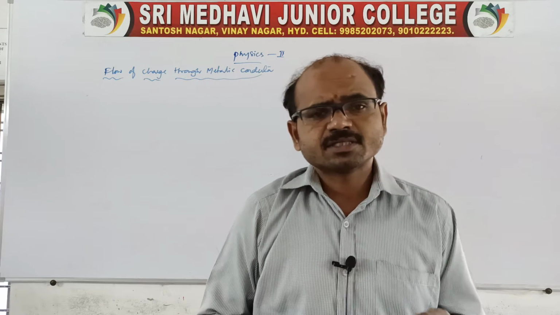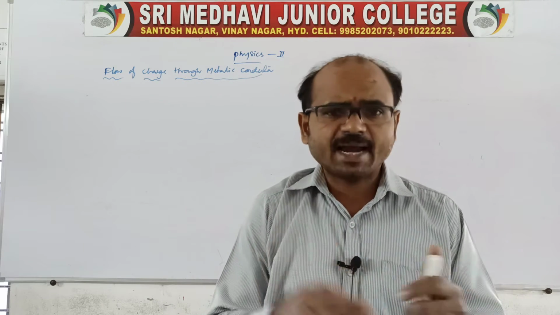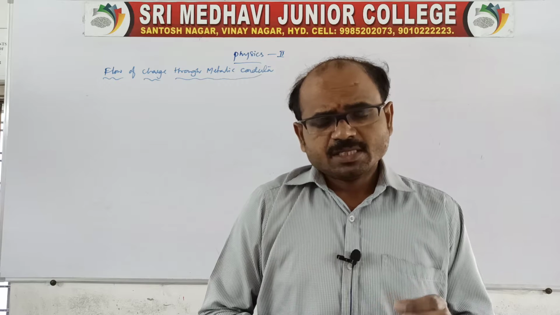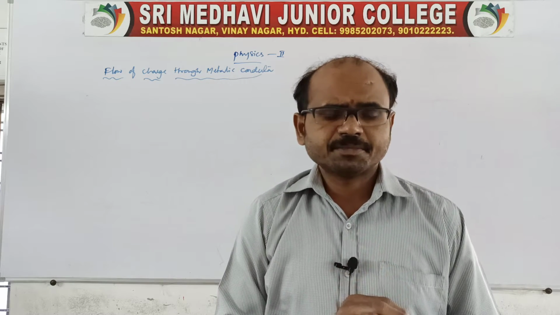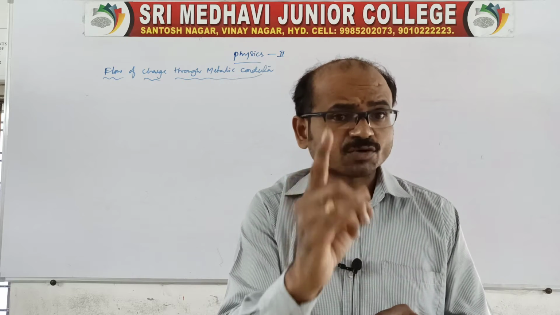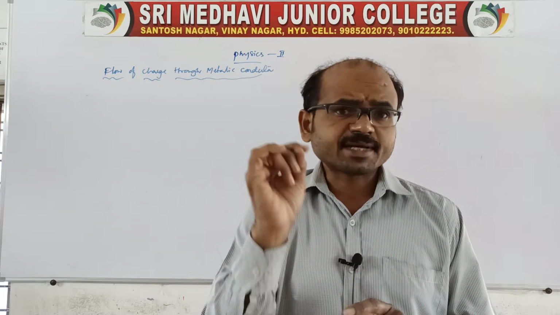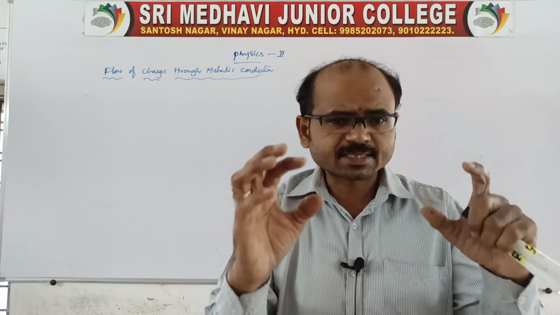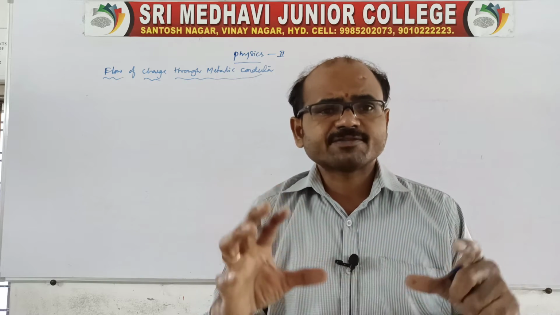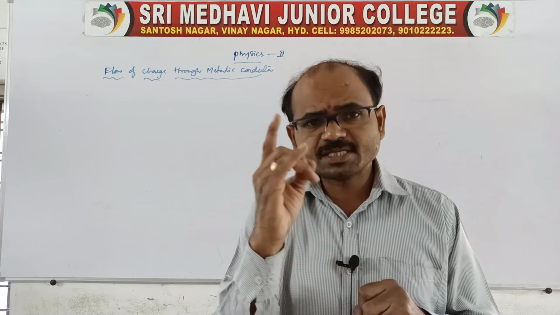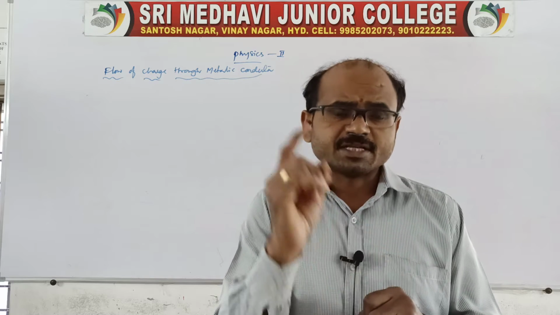Metallic conductors consist of atoms. In a metallic conductor, each atom has one free electron available. The conductor consists of a number of atoms, and in each atom one free electron is available.